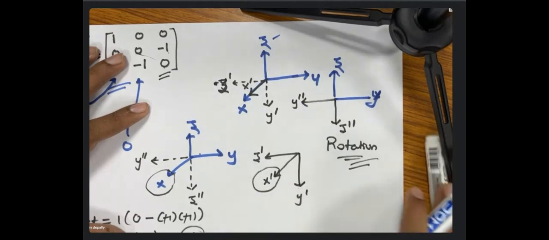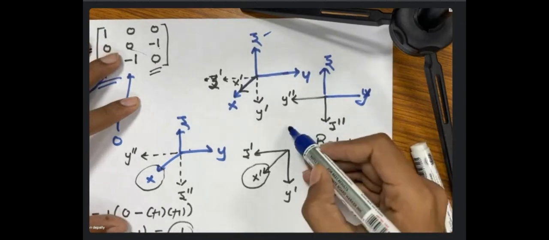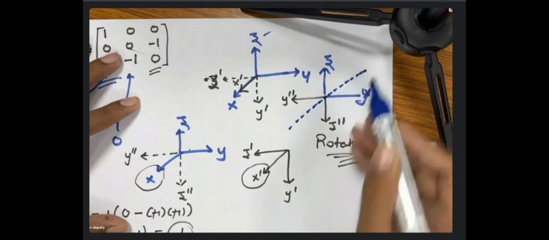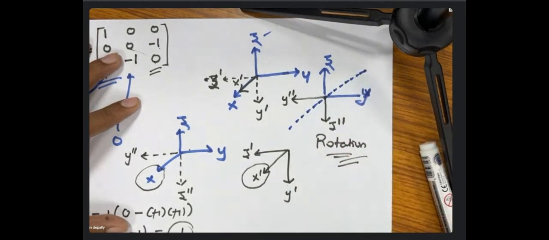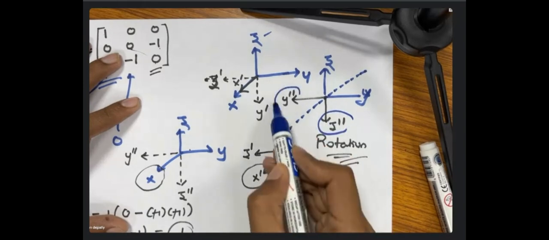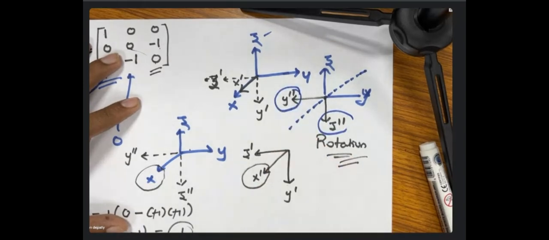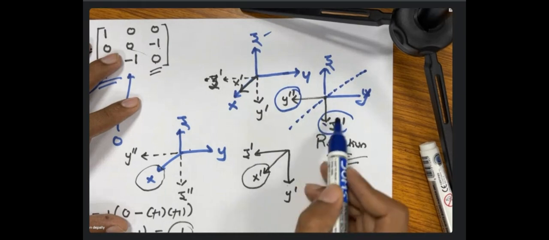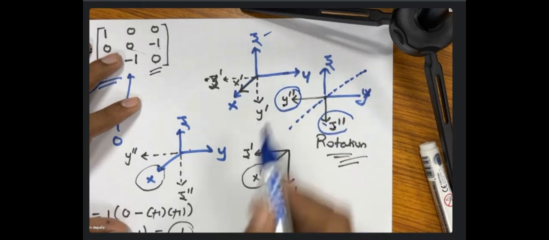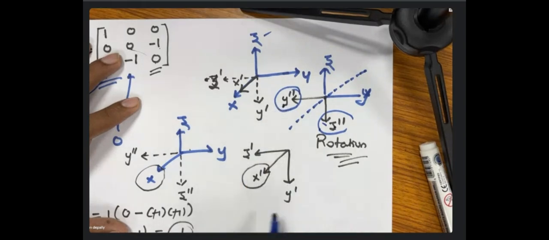This can be done if we place a mirror along this. Their positions will be changed, and then its final shape will be transformed, so that z will become over here and y will come over here, which is what we needed.